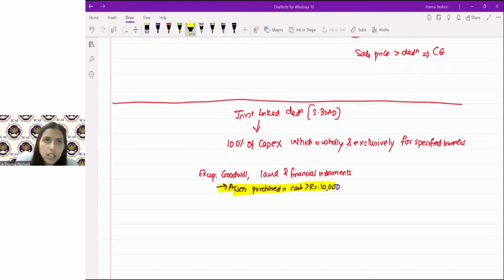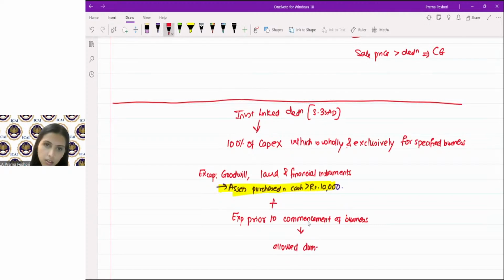Plus expenditure prior to the commencement of business is allowed during the previous year in which the assessee commences operation.